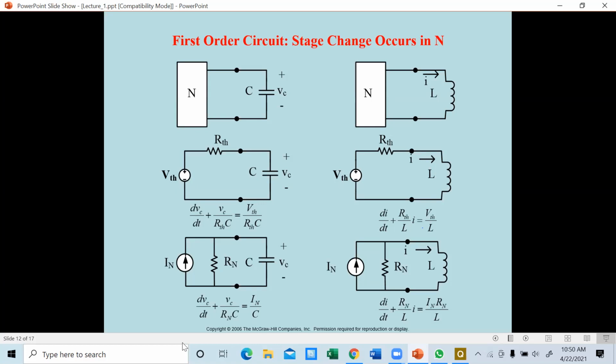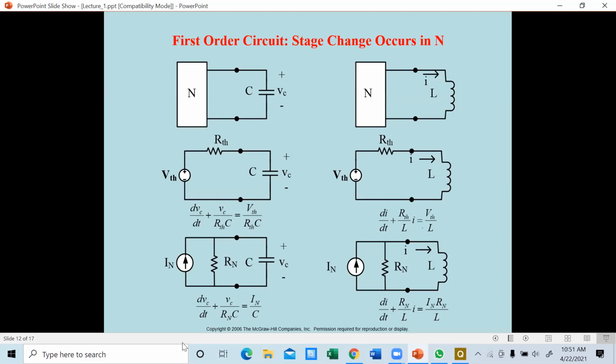You are seeing this slide having 6 figures. You see that on the left side, you have capacitors only. On the right side, you have inductors. Why are we doing this? Actually, your system will not always have a simple RC or RL circuit.